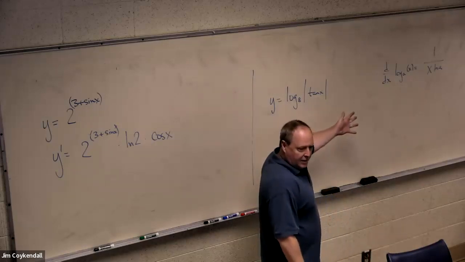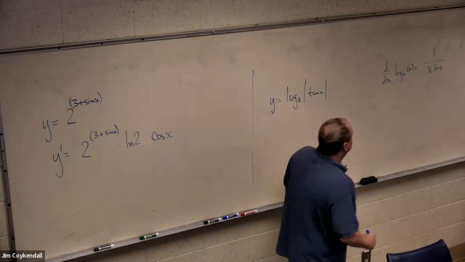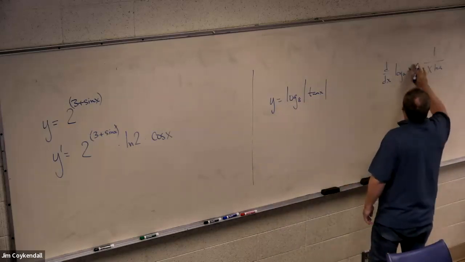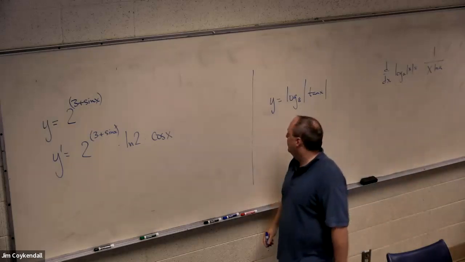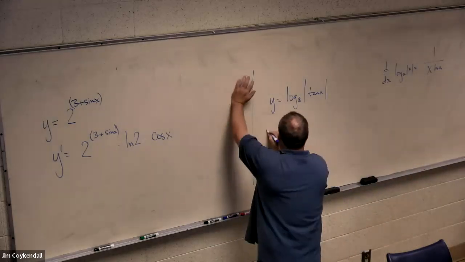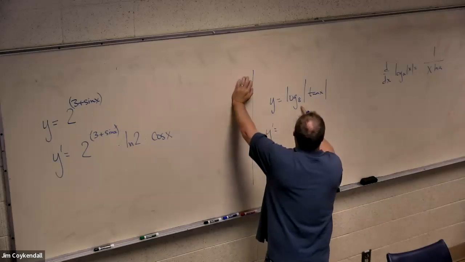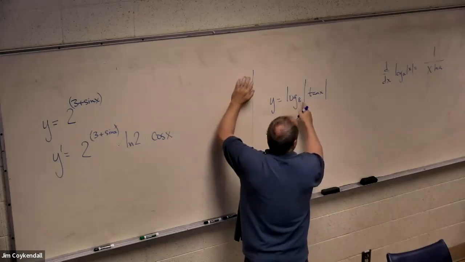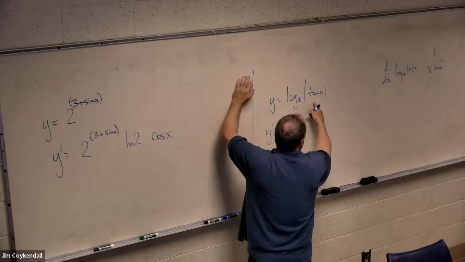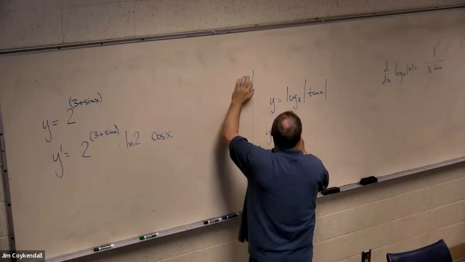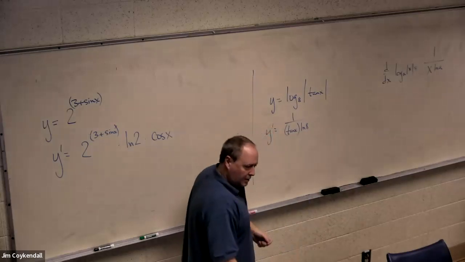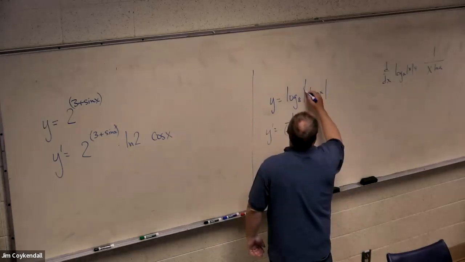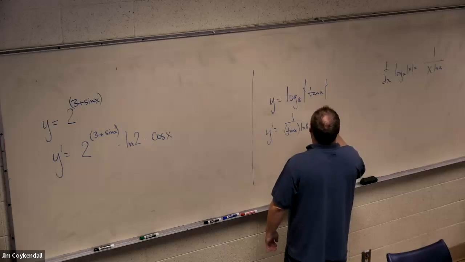Here, the role of A is being played by 8. And actually, I could even do absolute value here. So if I go through this, A is A. Log base 8 of the absolute value of tangent x is 1 over tangent x times natural log 8. But I'm not done. I have to multiply. What's inside the parentheses?